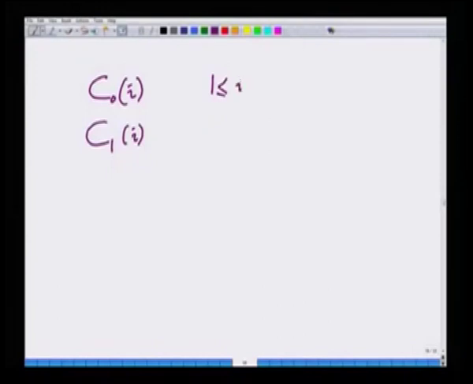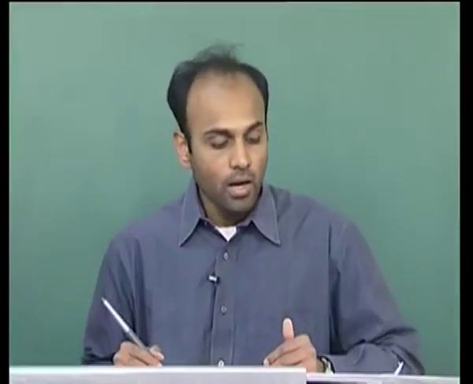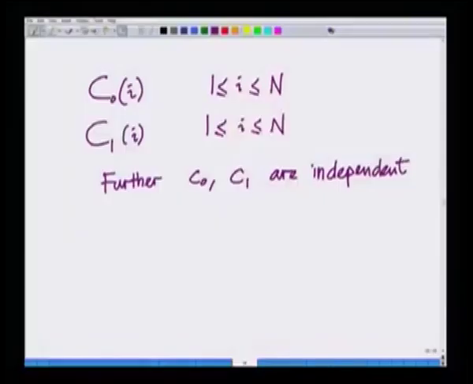These are of length n, that is 1 less than or equal to i less than or equal to n, and further C0 and C1 are themselves independent. That is, the chips of C0 have no relation to the chips of C1, that is, both these sequences are generated as independent random events.